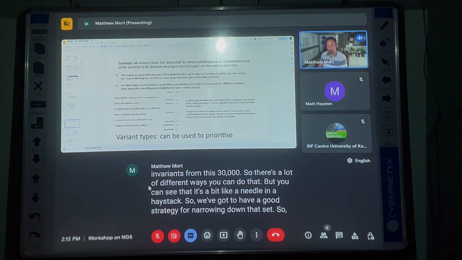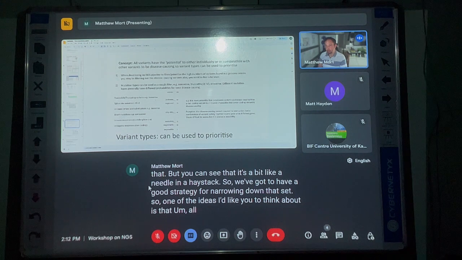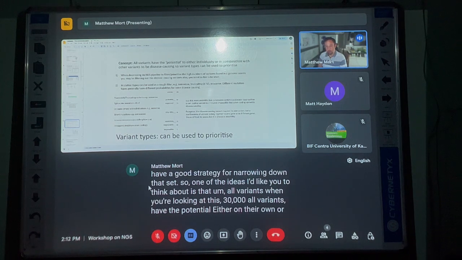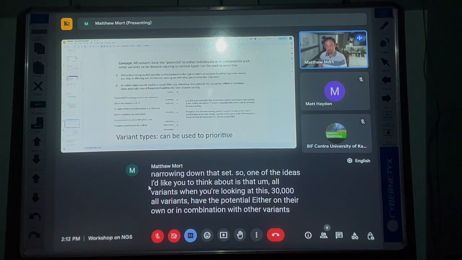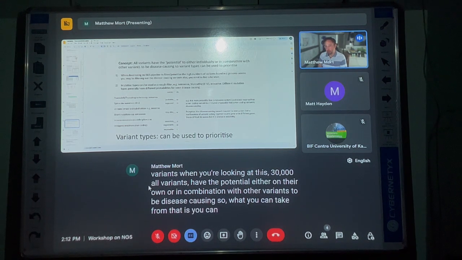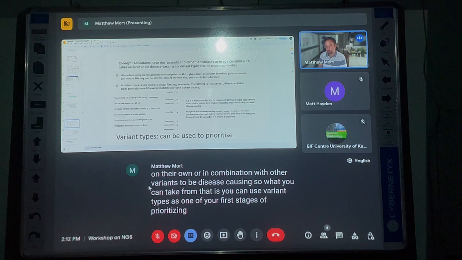One of the ideas I'd like you to think about is that all variants, when you're looking at this 30,000, have the potential, either on their own or in combination with other variants, to be disease-causing. So you can use variant types as one of your first stages of prioritizing and filtering.